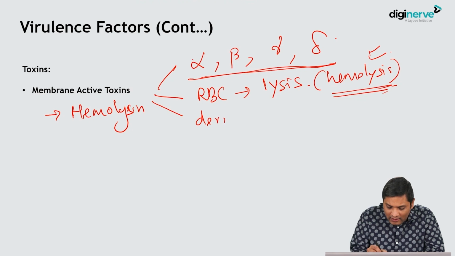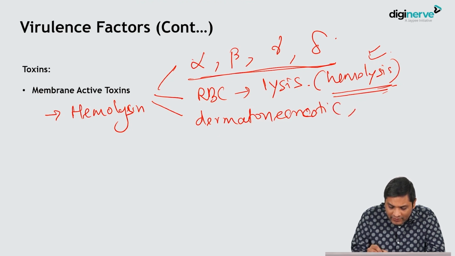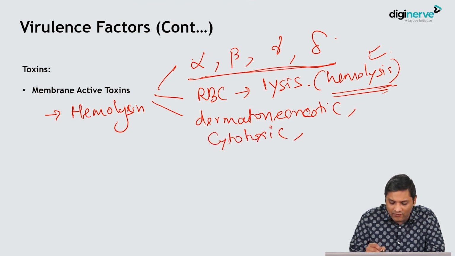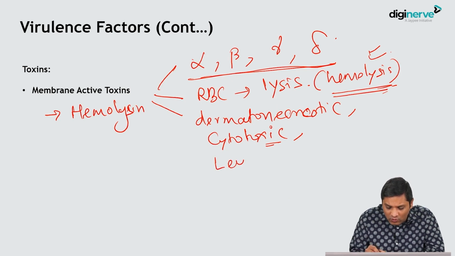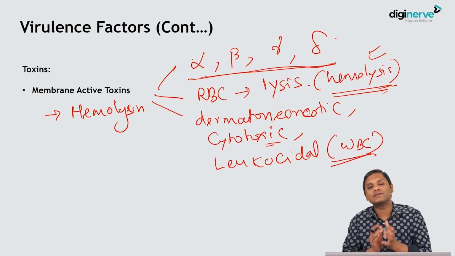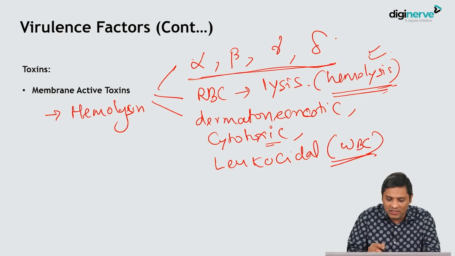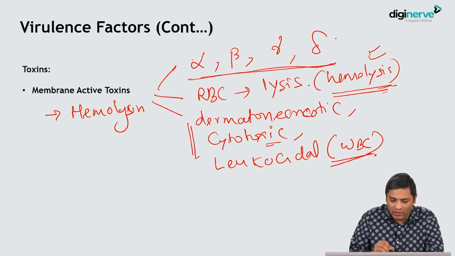Apart from that, they are dermatonecrotic, and they are cytotoxic, acting on the cell membranes of various cells. They are also leukocidal because they act on WBCs and cause their lysis. So these are the other functions of hemolysins.